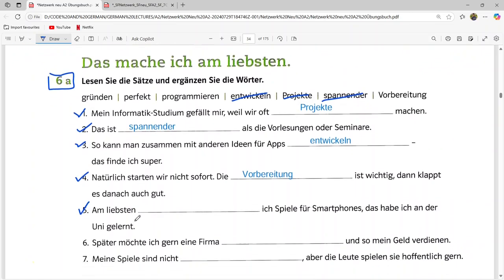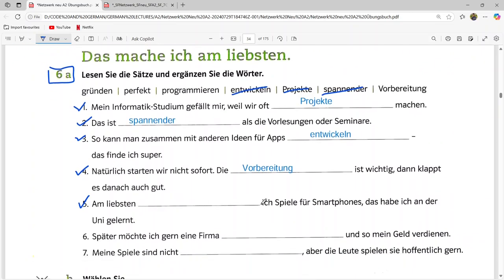Okay. Next one. Am liebsten, so blank, ich spiele für Smartphones. Das habe ich in der Uni gelernt. This option will be programmieren.